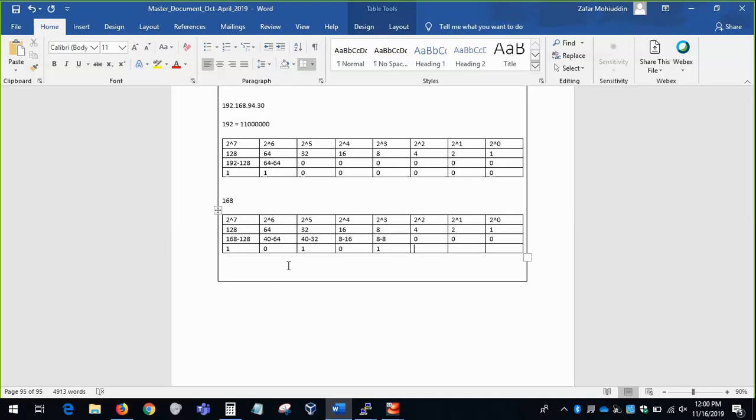And then all this would be 0, 0, 0. So 168 is 1, 0, 1, 0, 1, 0, 0, 0.